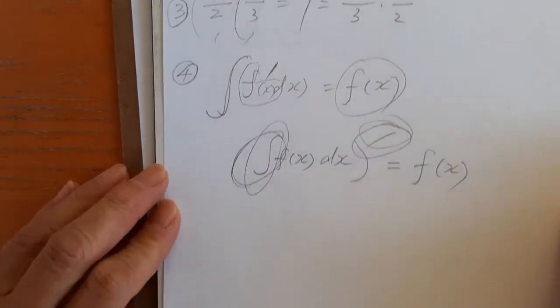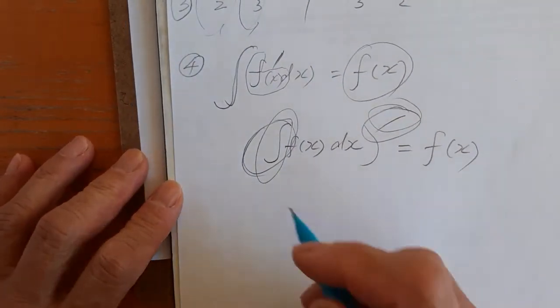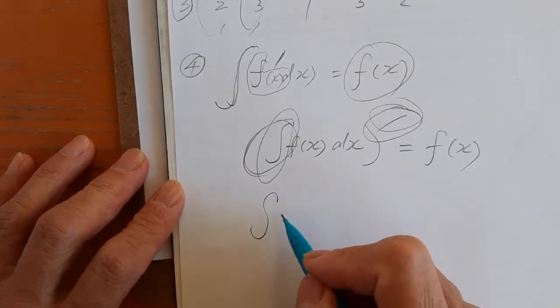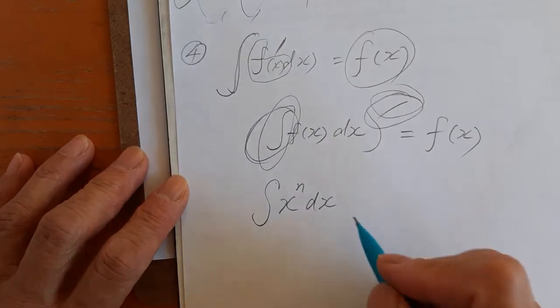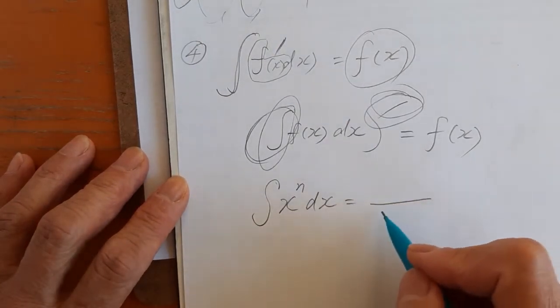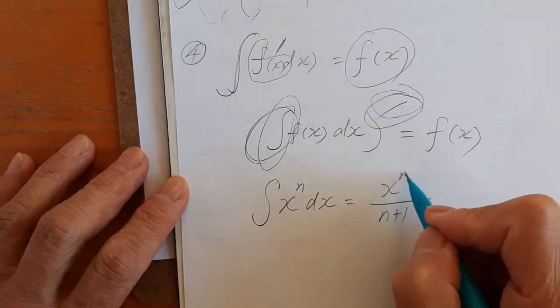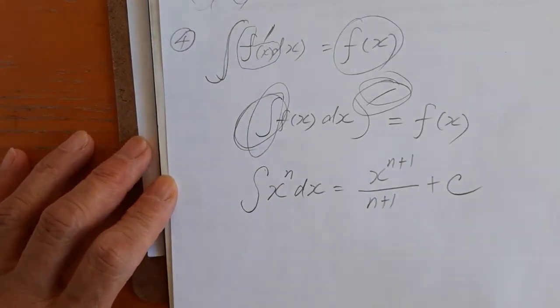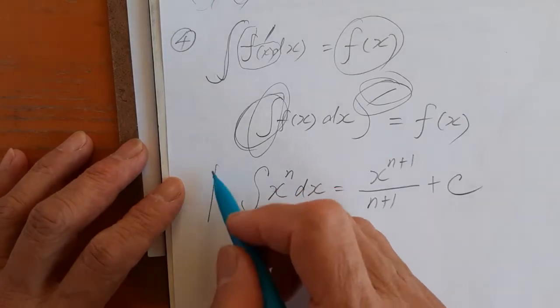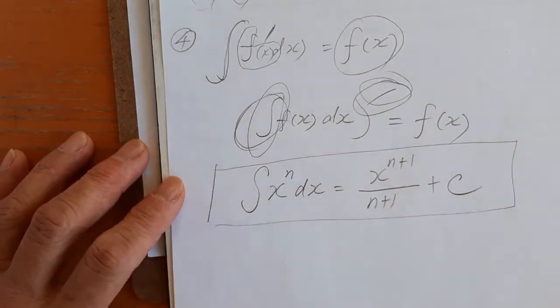Using this property, we can talk about the integral of x to the power n dx, which is x to the power n plus 1 over n plus 1, plus constant c. This is the power rule of integral.